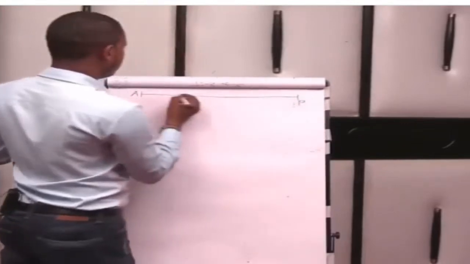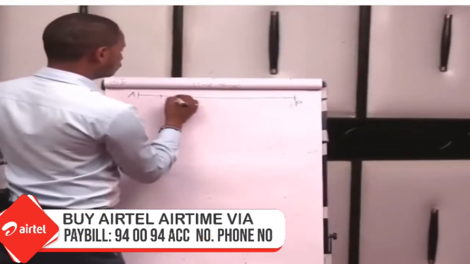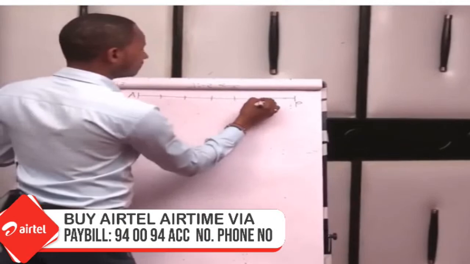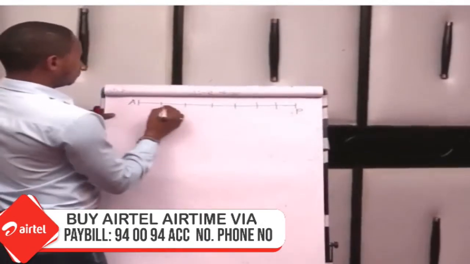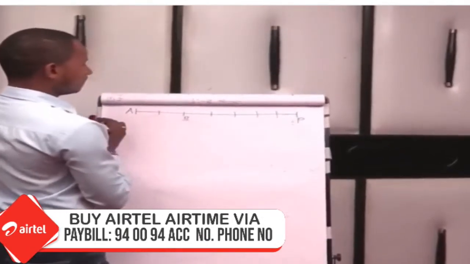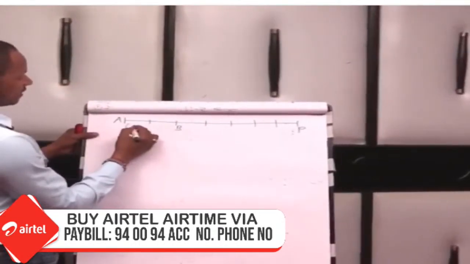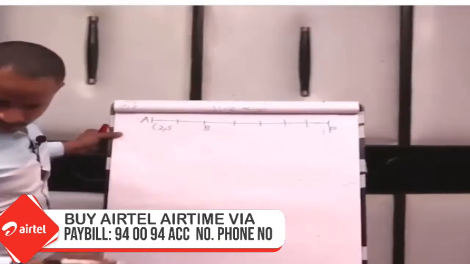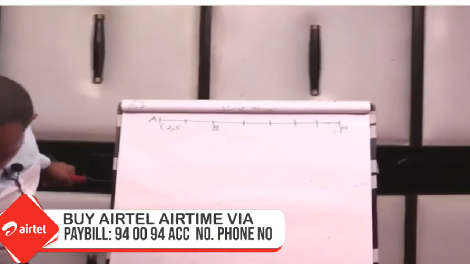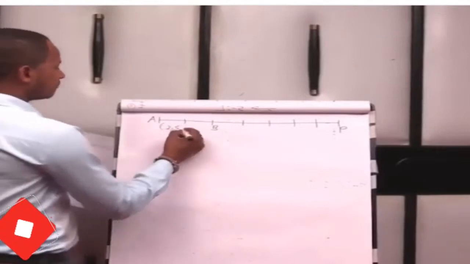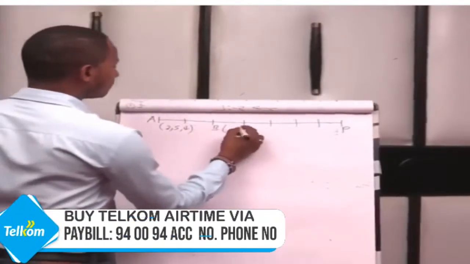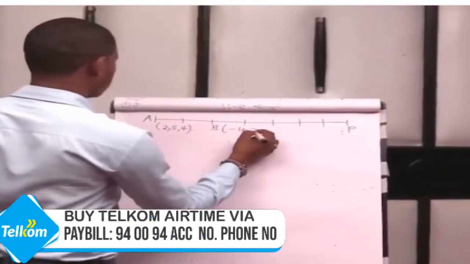We said this is our P, and this is our B. The coordinates of A are 2, 5, 4, and the coordinates of B are minus 4, 7, and 2.